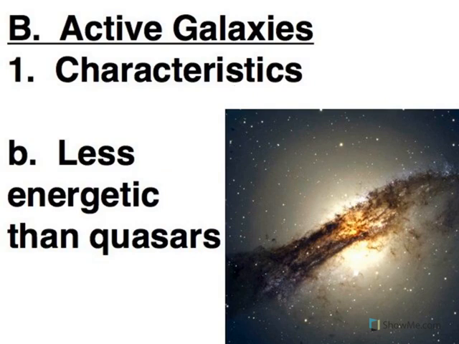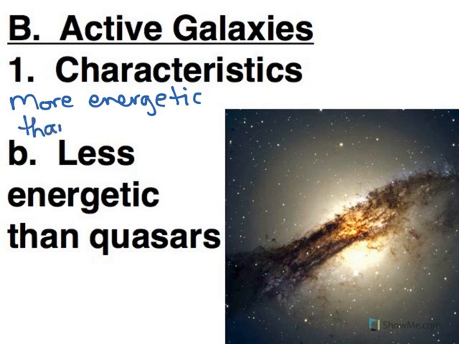And although they are more energetic than normal galaxies, they are less energetic than quasars. So these seem to be something kind of intermediate between a normal galaxy and a quasar.